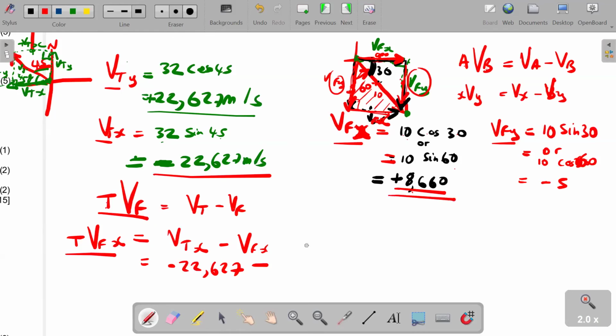We got 8,660. That's a positive. What if it was negative? We're going to say minus, minus. So what do we get if we simplify that? We get negative 31,287 meters per second. This is now serving as the horizontal component of the velocity of the torpedo relative to the freighter.